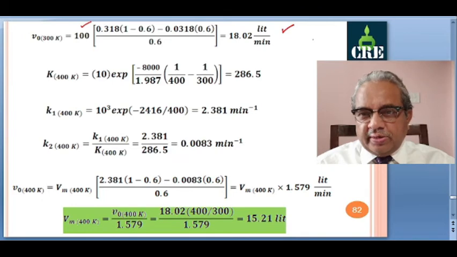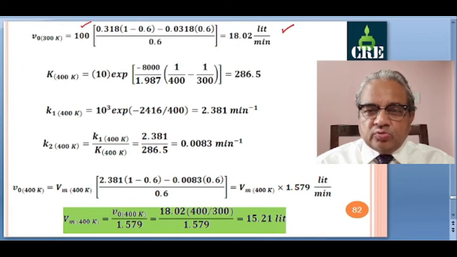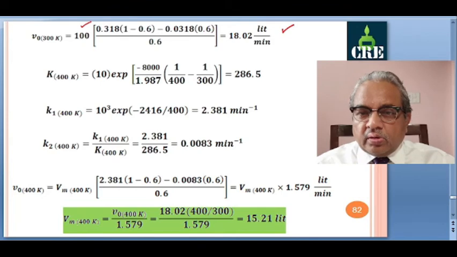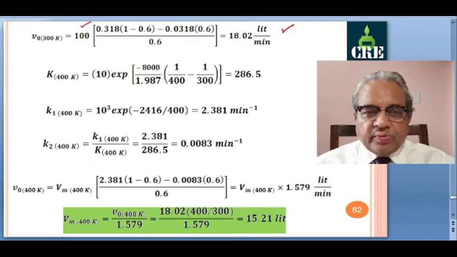Now at 400, the same volumetric rate is used, the same feed rate is used, and for the same conversion we have to find out the volume. So capital K is our equilibrium constant.